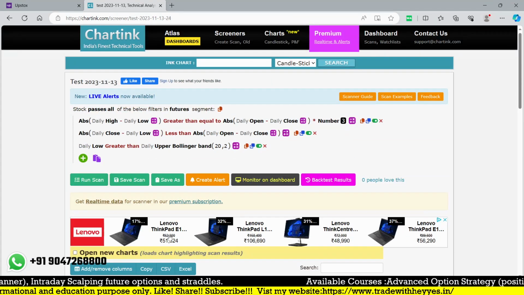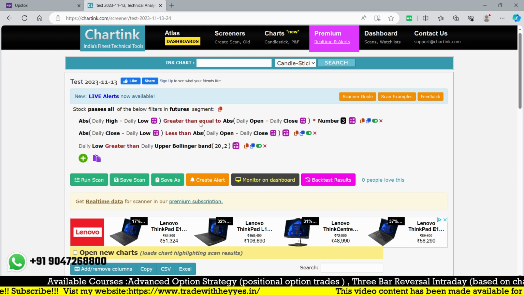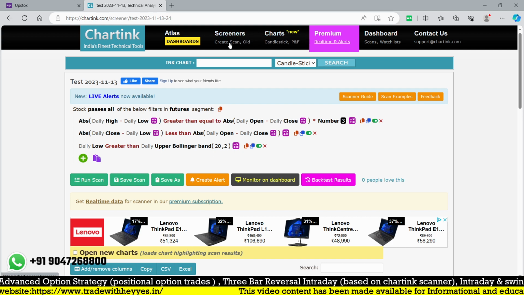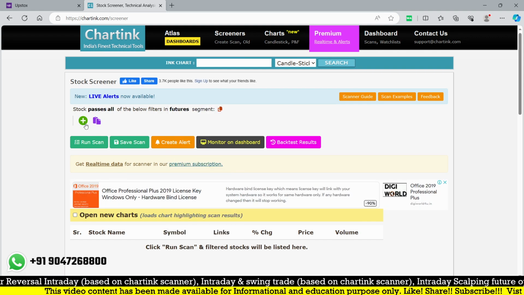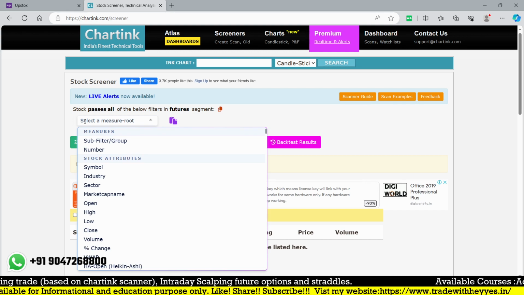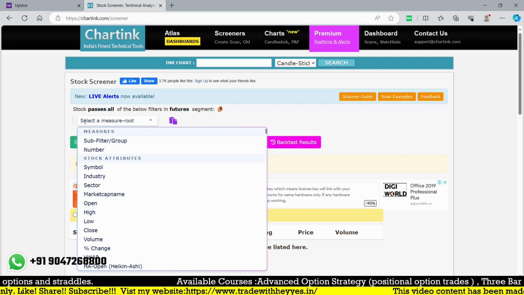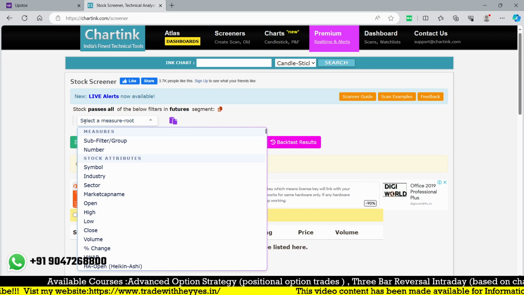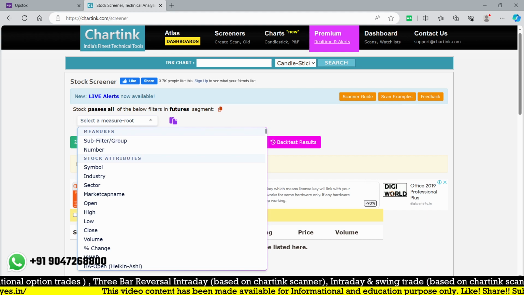But if I am going for intraday, we need to modify this and we can do it with a customized indicator. I'm just going to create that with the customized indicator, and see whether it works perfectly or not. How do we create that for intraday? Simply, with four steps, we can go for this.